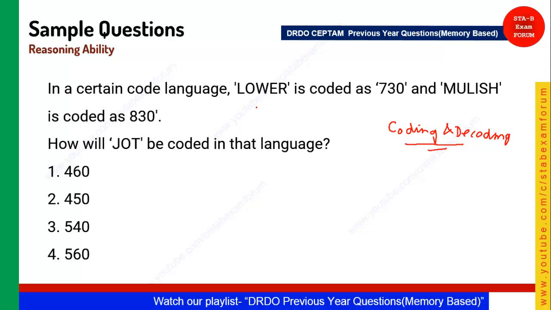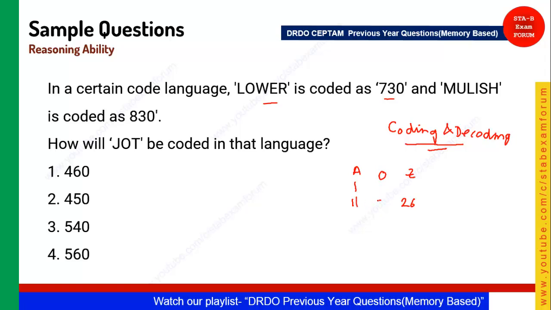Whenever you find some relationship between a word and a number, there must be some positional dependency. What do I mean by positional dependency? Based on the English alphabet you find the position. For example, position of A is 1, position of Z is 26, and position of O is 15.